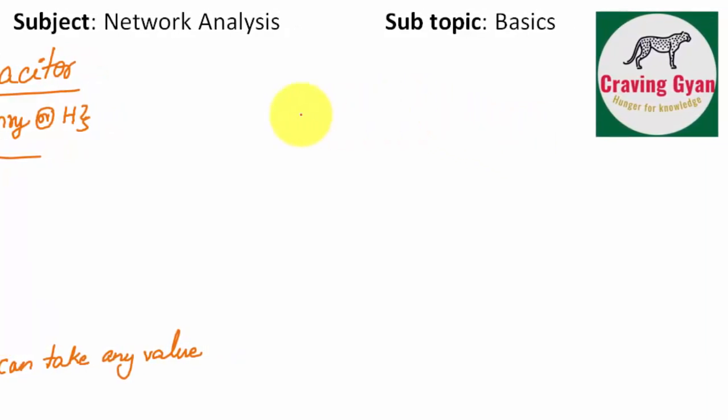Now, with respect to the capacitor, if we are dealing with it, the voltage drop across the capacitor I am going to take as V. The current that is getting into it, I am going to take as I. And capacitance is C. What is the unit of capacitance?